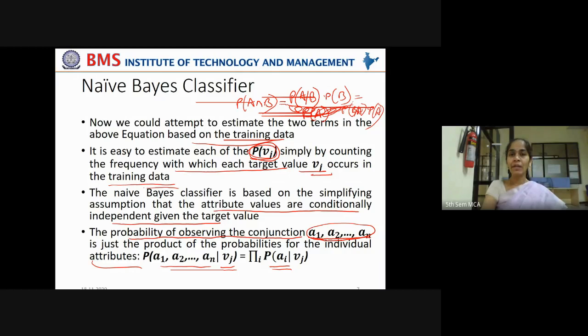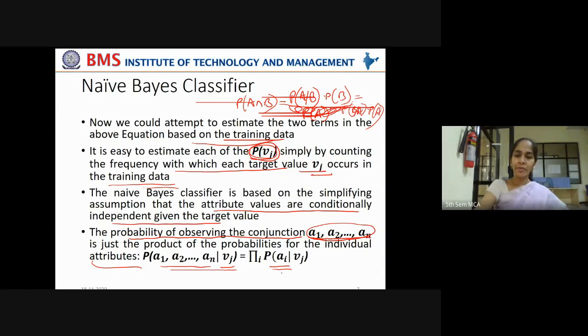That means probability of A1 given the outcome variable multiplied by probability of A2 given the outcome variable multiplied by probability of A3 given the outcome variable, and so on. That is how you represent it.